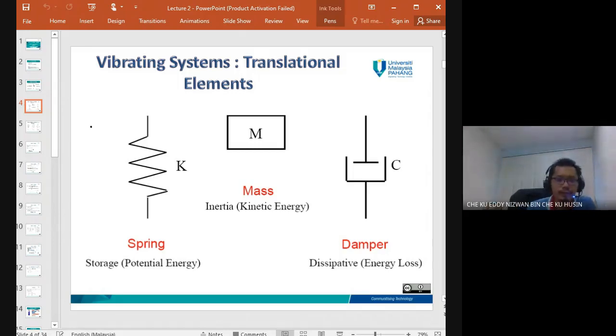Sometimes we use this other kind of symbol, normally K or S, commonly used in textbooks. This is the mass, with symbol M, and the damper with damping coefficient C. The units are Newton per meter for stiffness, kg for mass, and Newton seconds per meter for damping.